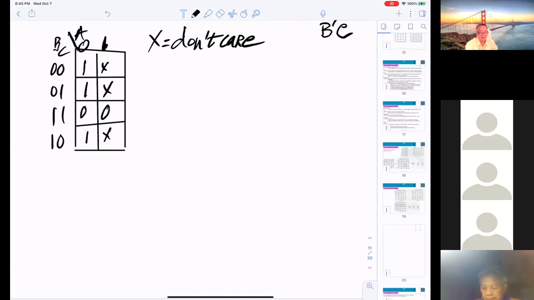If they have to make a big loop, then you consider it to be a 1. Otherwise, you can put it as 0.